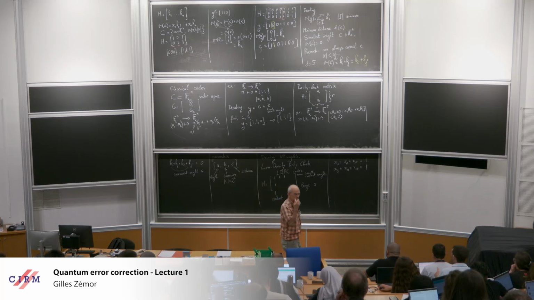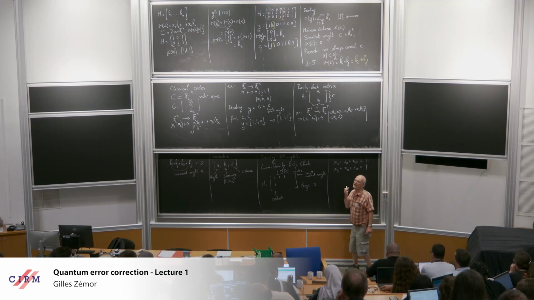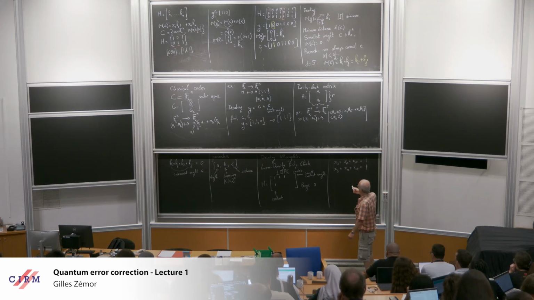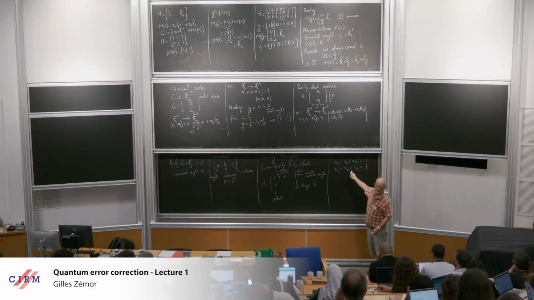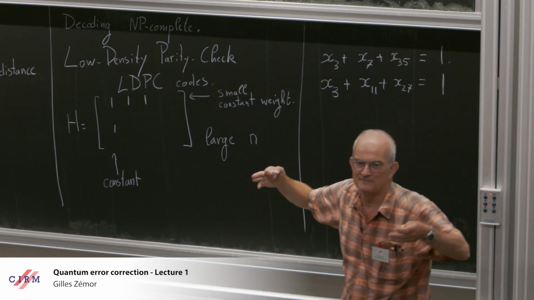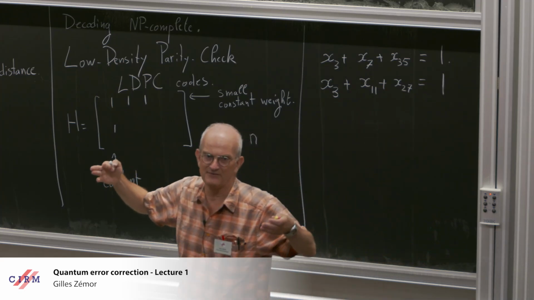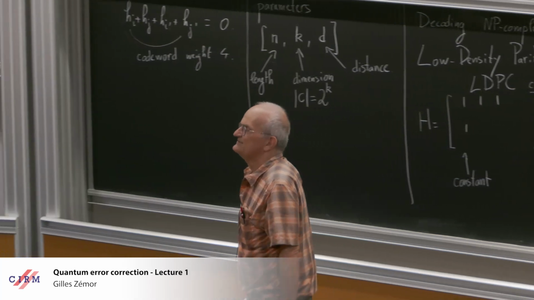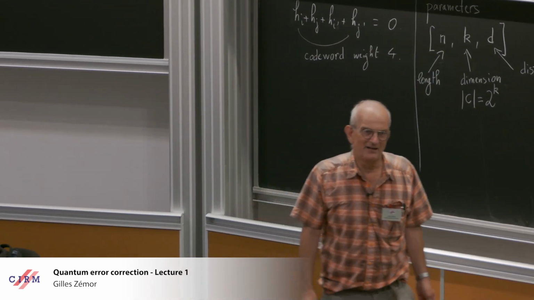Yes? And so does it mean that the problem becomes not NP complete when you have a low density parity check? No, it doesn't. So does it mean that decoding is not NP complete anymore for the subclass of LDPC codes? No, it doesn't really mean this.